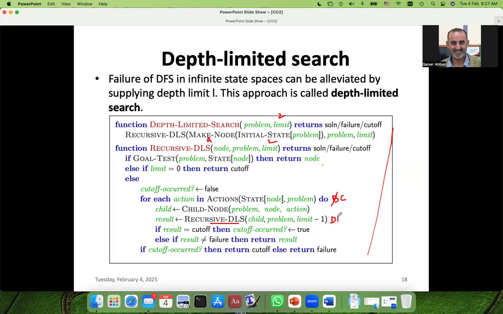D and E. For D, this call is done. And the limit for D is what? Here the limit is 2. And when we called this again for B, the limit was 1, I think. And here the limit is 0.